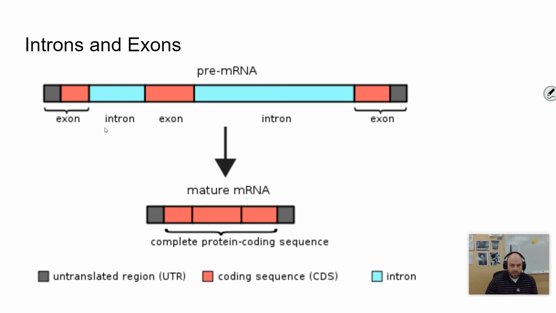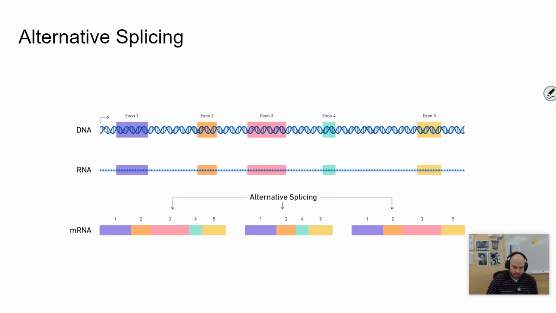And so, the third modification that happens is the introns are going to be removed, or excised, which is the more technical term, and the exons are going to be connected. Now, one interesting thing that can occur with this is something called alternative splicing.